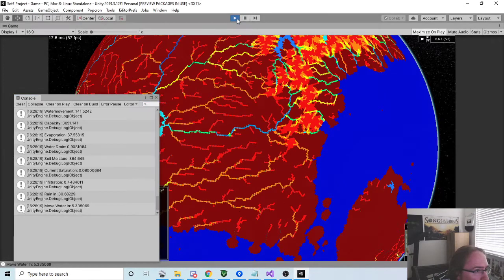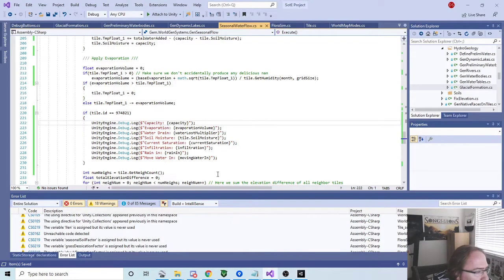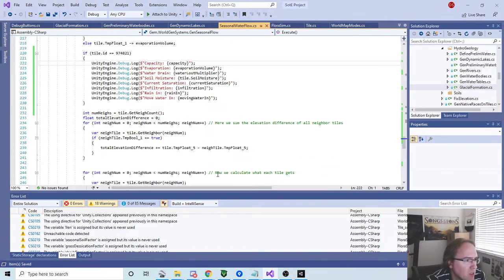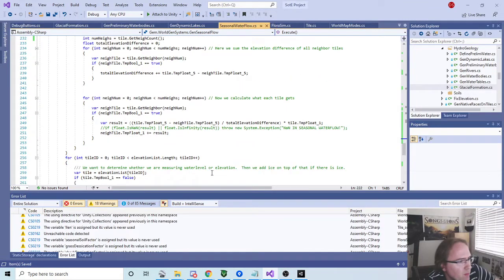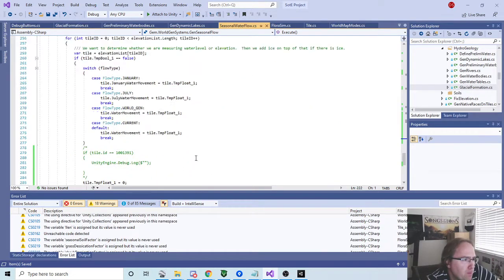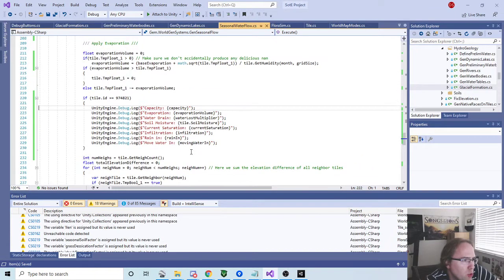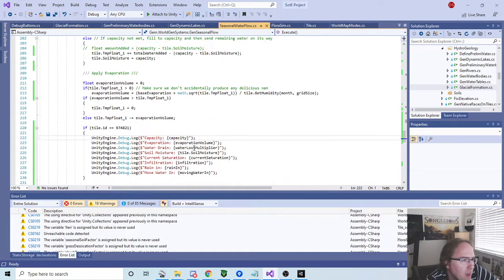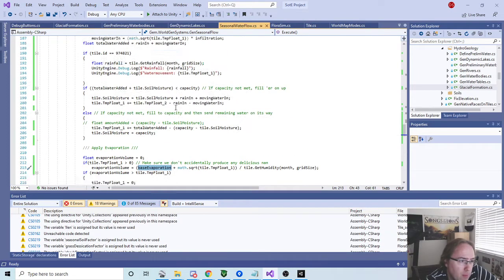141 isn't a lot of water. Alright, so this is what we want to do first. First, we want to tune back evaporation somehow. Like the base value is too high. Base evaporation.